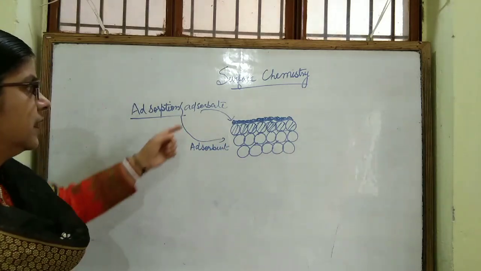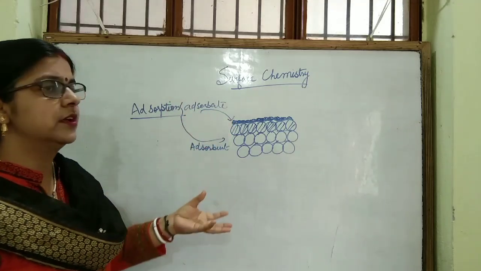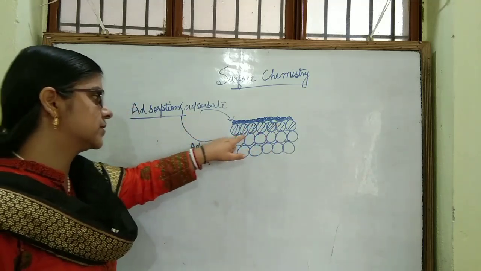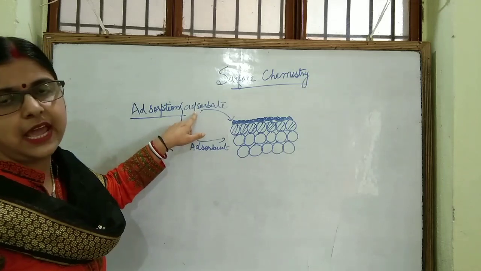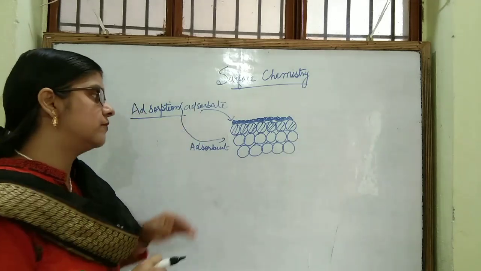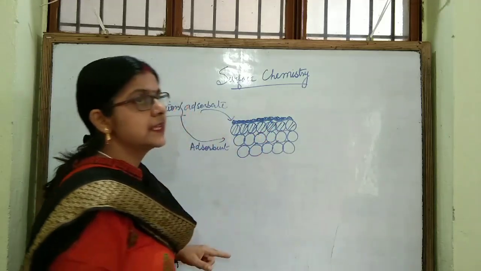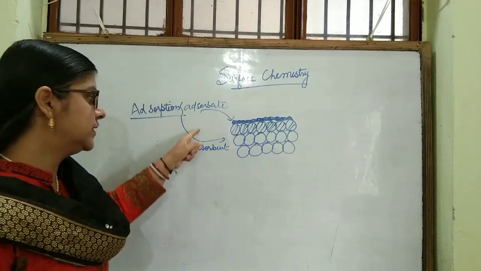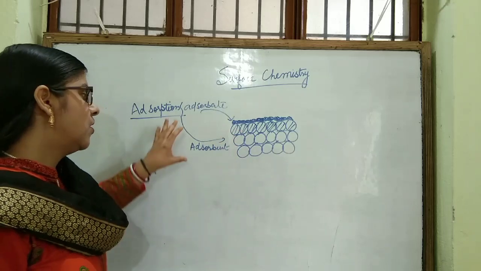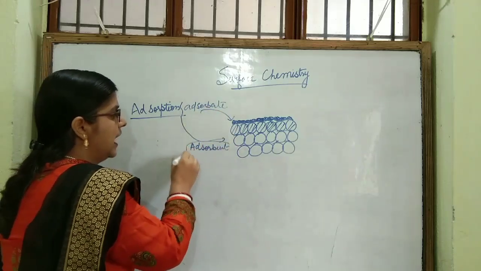See, here the gas or liquid which is adsorbed on the surface of a solid is known as adsorbate. The substance which is adsorbed on the surface of another substance is known as adsorbate. And what is adsorbent? The substance or the body on which it is adsorbed is known as adsorbent.